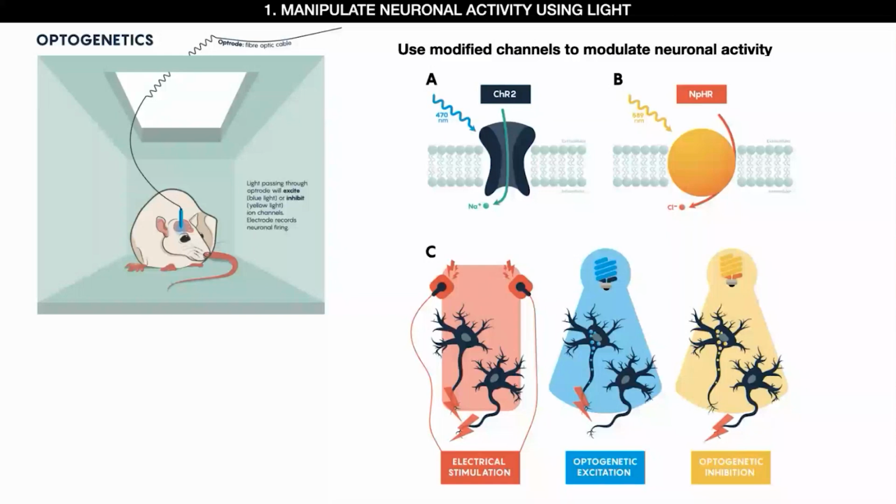And channelrhodopsin is an excitatory opsin, so it allows the passage of sodium through its channel. And these channels are present within the membrane of the cells, so that by presenting light, we can open this channel, and the opening of the channel will lead to the entrance of sodium into the cell.